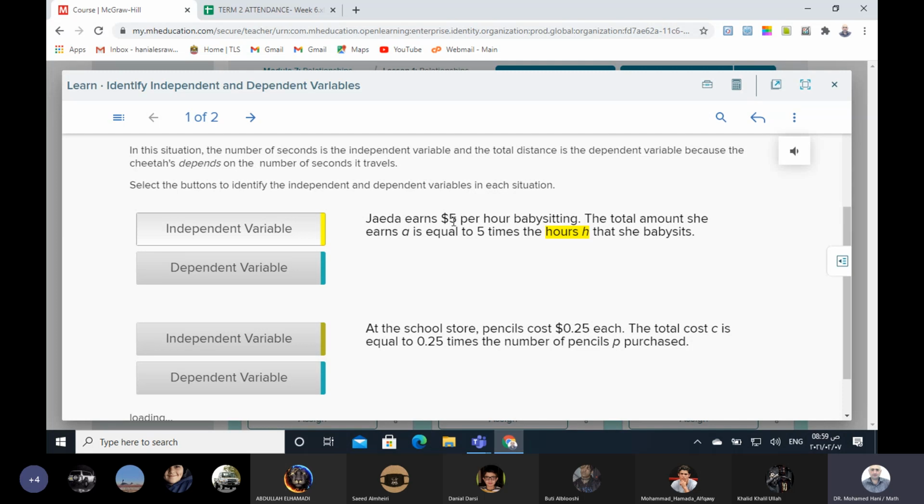The output here is A, the total. And 5 times the hours is the rule. The hours will be the input. So the independent variable is H. The dependent variable is A, the total amount she earns.